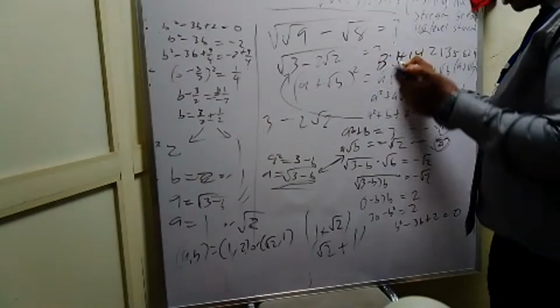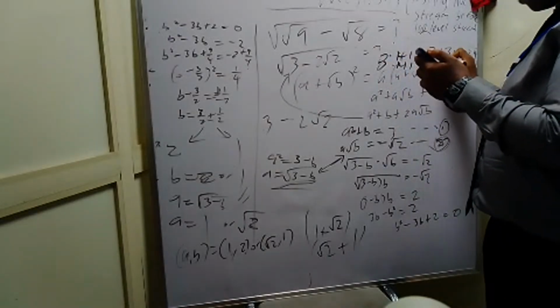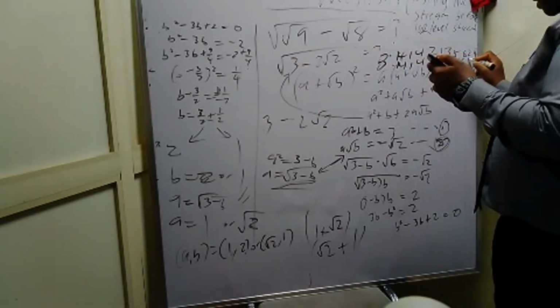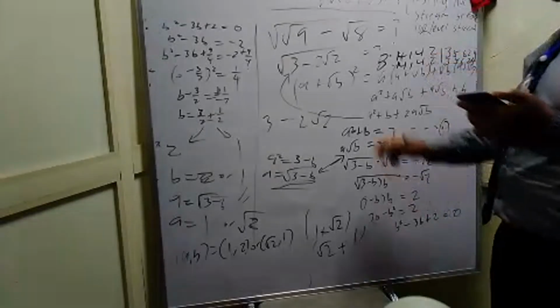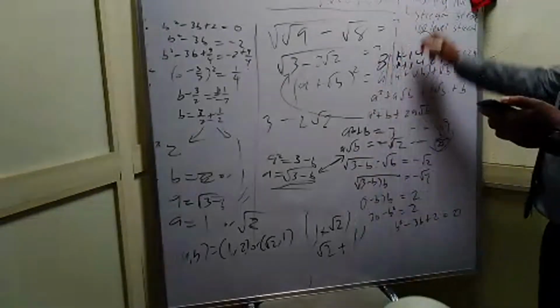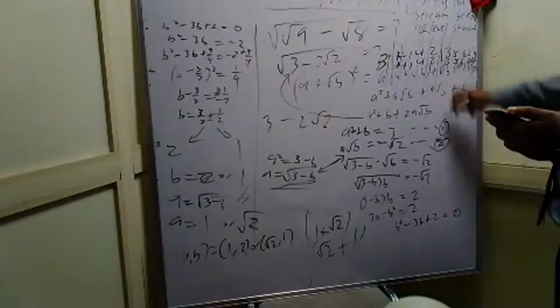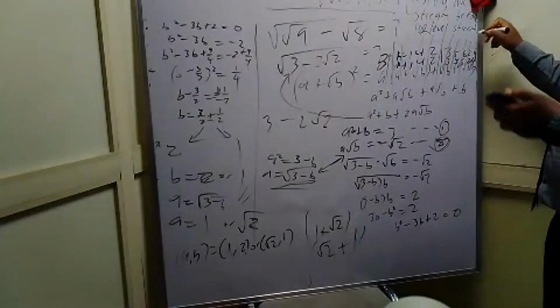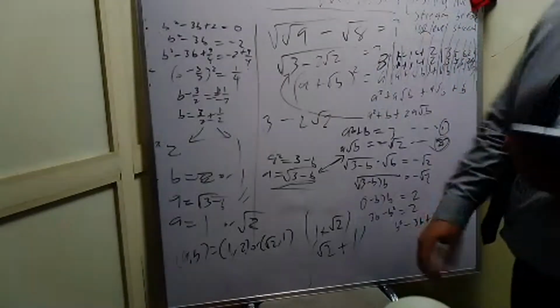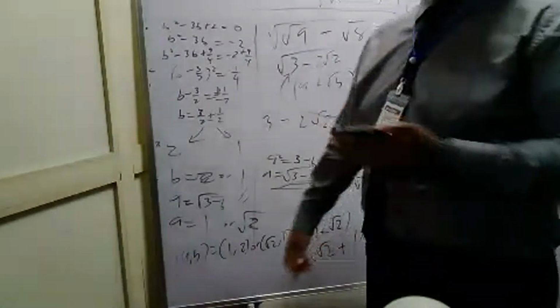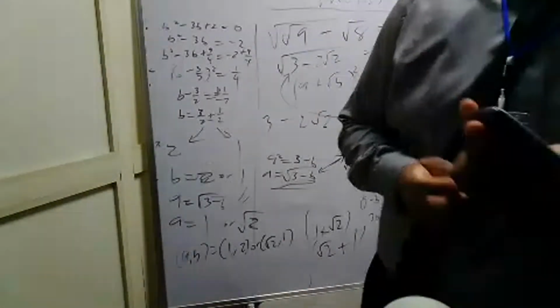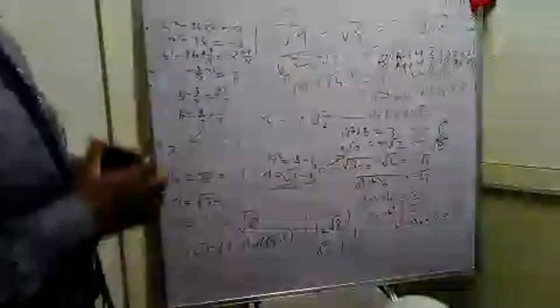And that is 0.141421356 and 4. And that confirms it. So I believe, with my messy board, you can understand what's there.